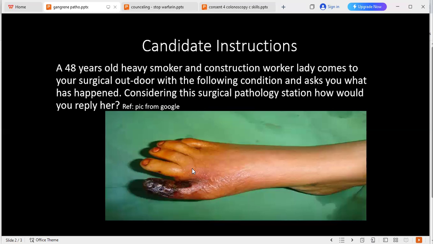For that, urgent amputation is necessary. And further, we will do investigations of her lower limb, angiography, CT angiography, to look at the level of occlusion, and whether we can manage her conservatively or surgically through bypass graft or stenting.